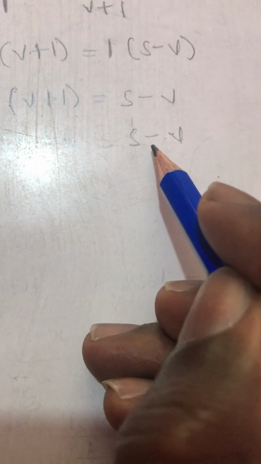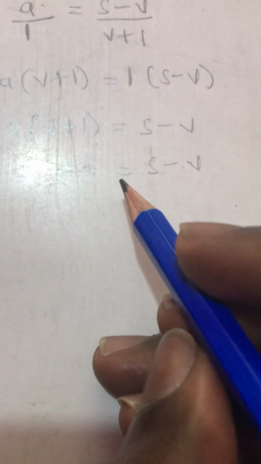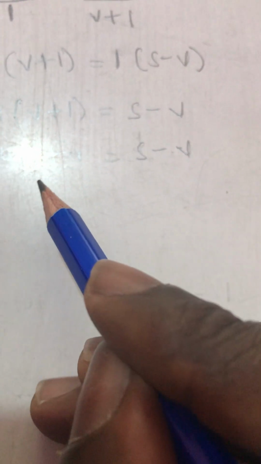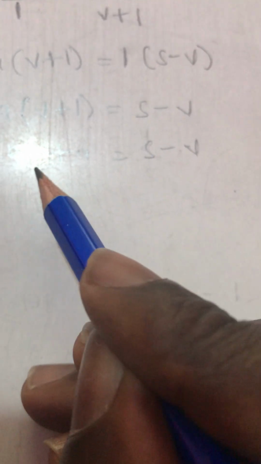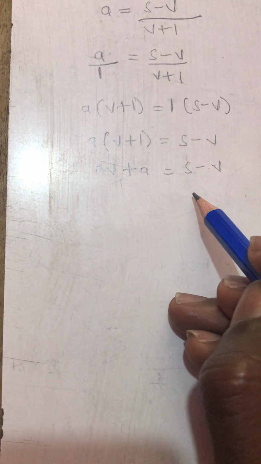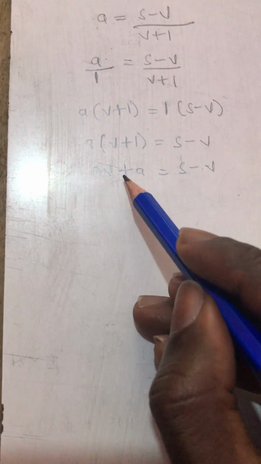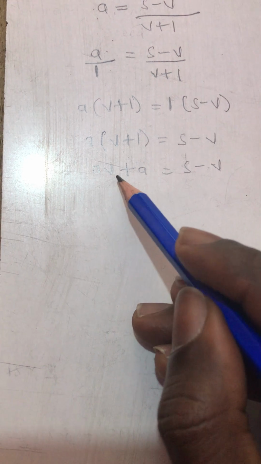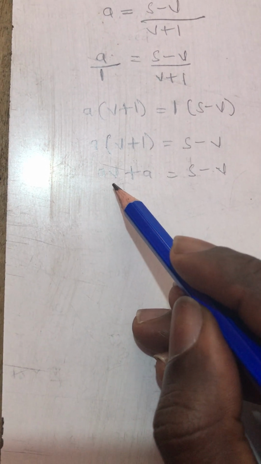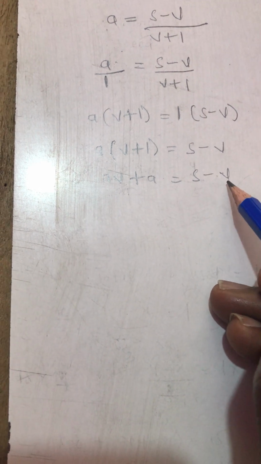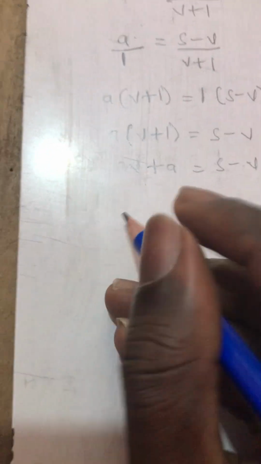So that means we have to let v stand on its own, right? Based on our new equation here, which is av plus a equals s minus v, we can find the variable v in two sets of variables, which is av and negative v here, right?